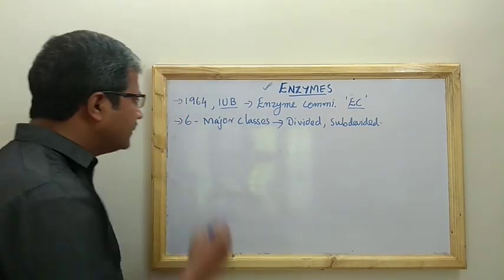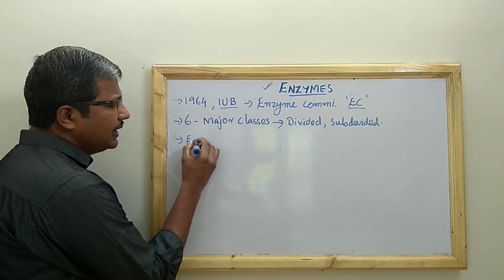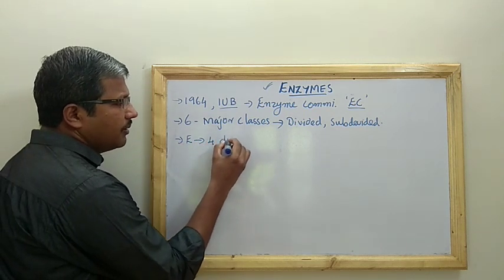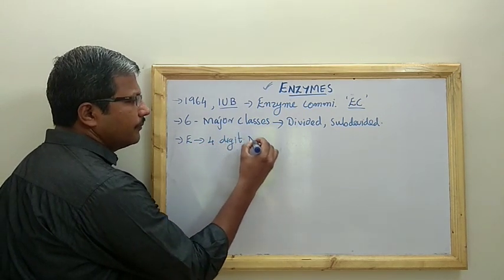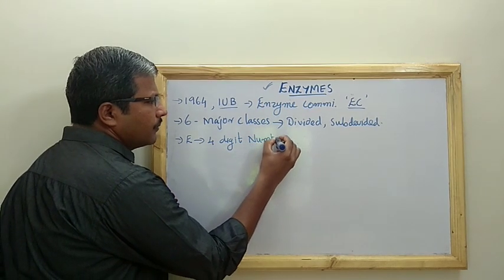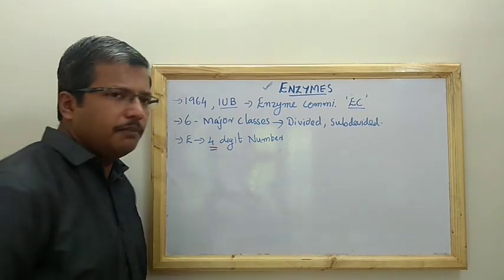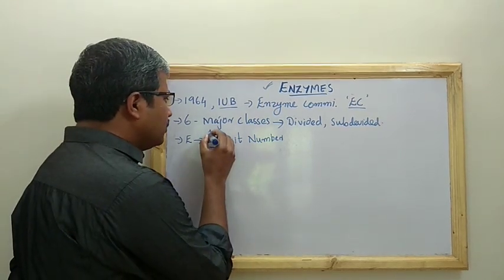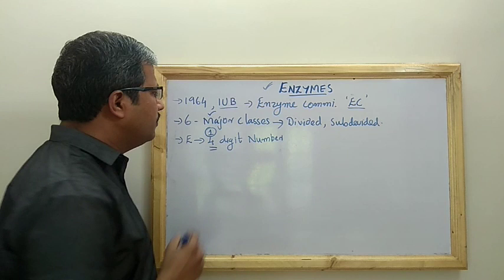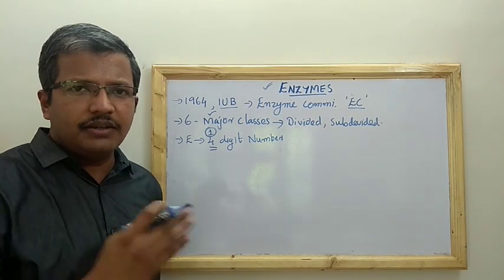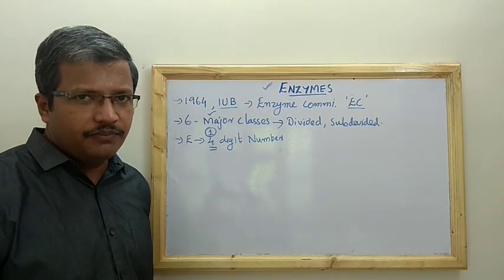As a result, an enzyme will be recognized by a 4-digit number. In this, the first digit will be the major class, and the remaining ones will be the subclasses.